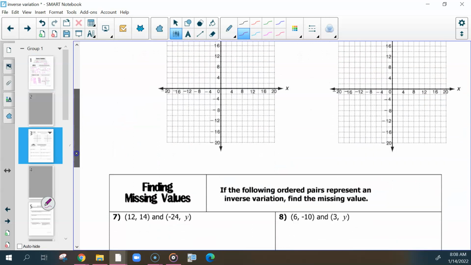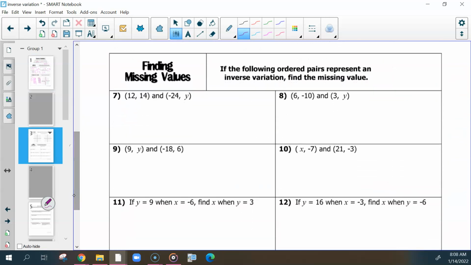Moving on, skipping 5 and 6, going to this table, we're going to do 2 of these examples, and then I think that's all we'll have time for today. We'll see though. So just as for direct variation, there were 2 different ways to solve this. Same thing here. We have to think about how we can solve for k, and then the other method, solving for k using the equation.